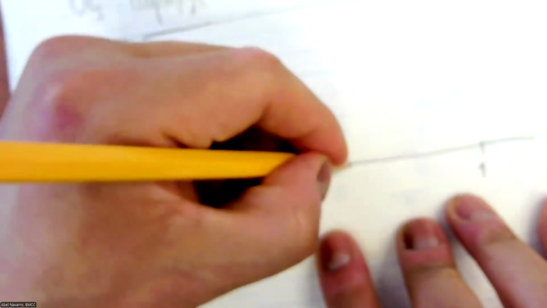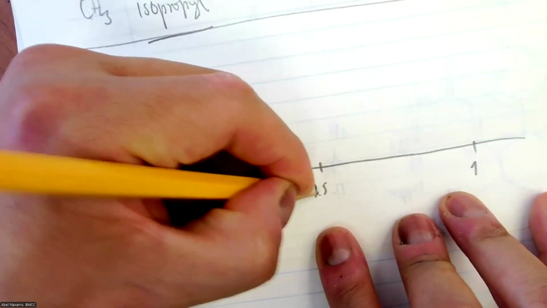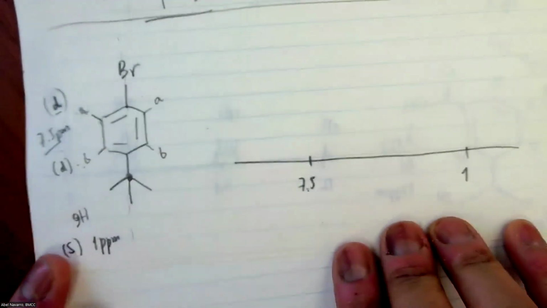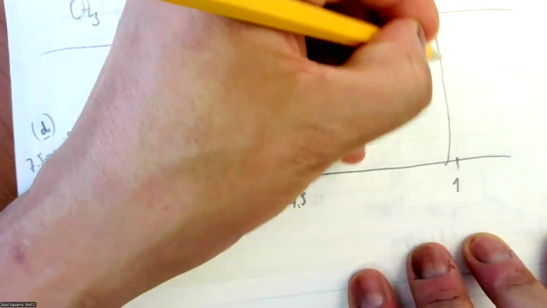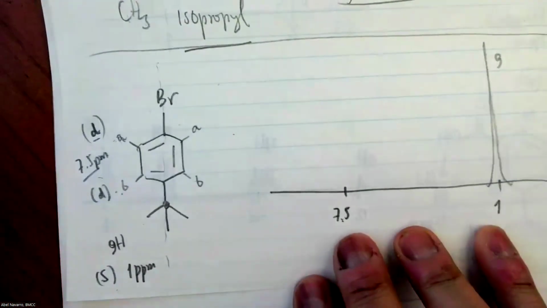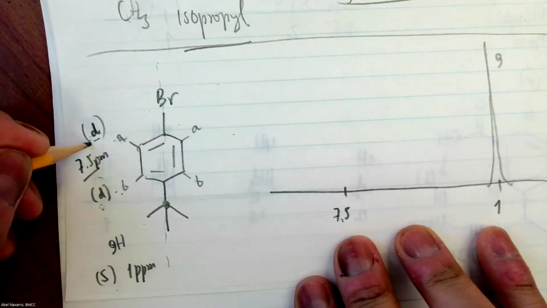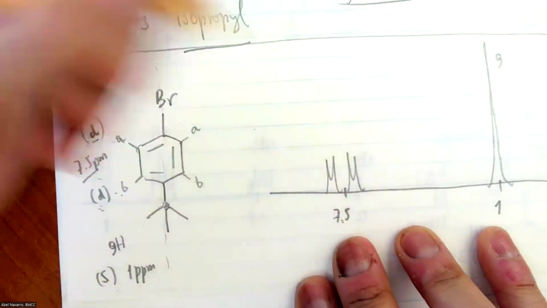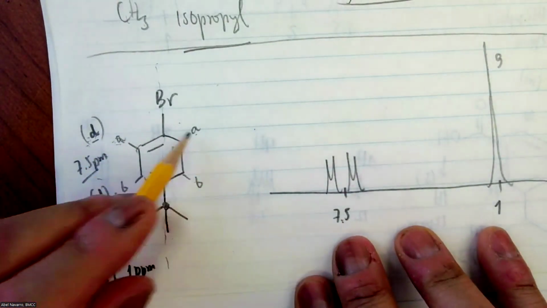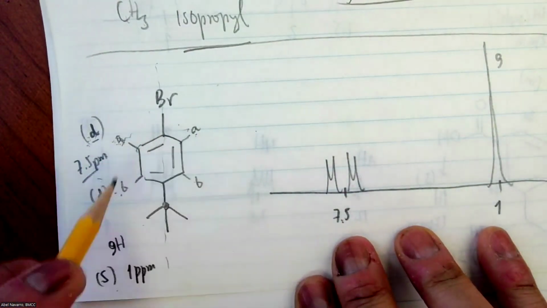So 1 ppm, and then I have 7.5. I have a 9 hydrogen singlet, really tall. And for 7.5, you have 2 doublets. Each has two hydrogens, because you have 2 A's and 2 B's.